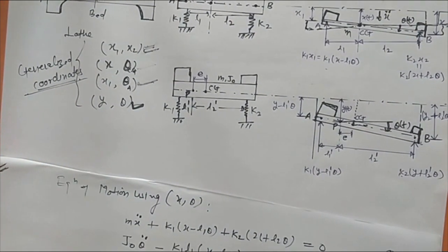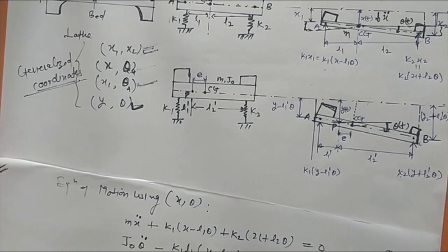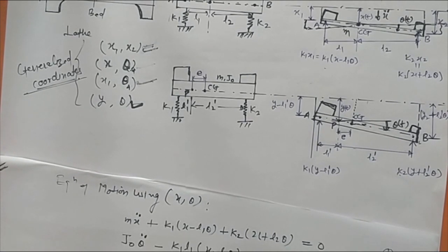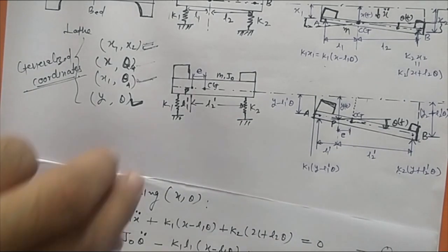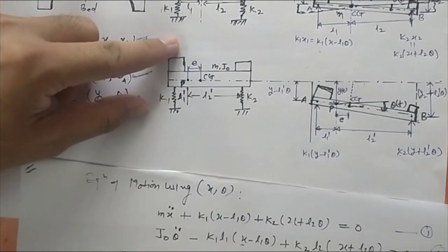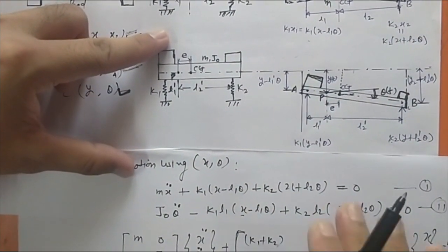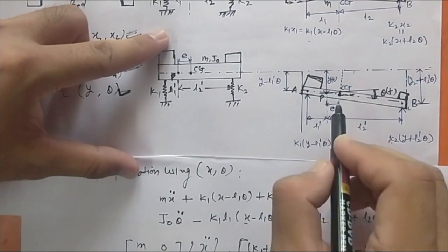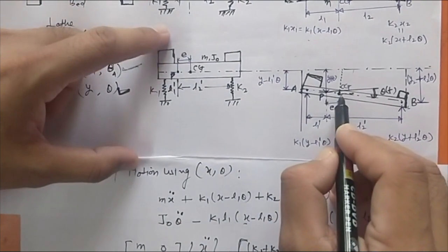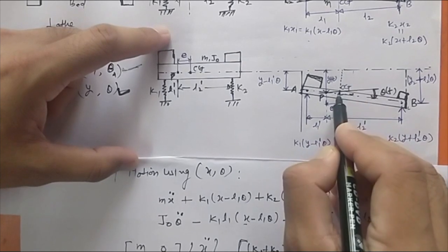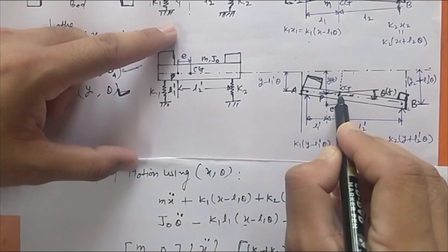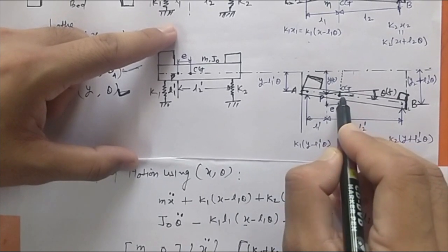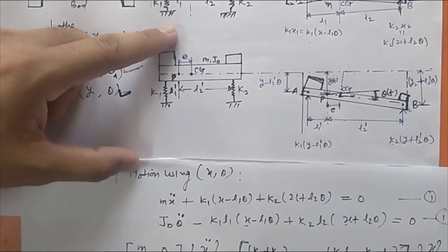So writing all the moments from equilibrium of moments, we can have the equation. The moment because of this inertia force is m y double dot plus m e theta double dot, multiplied by this distance e.